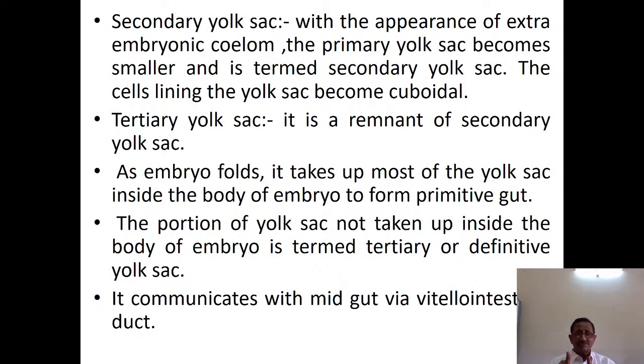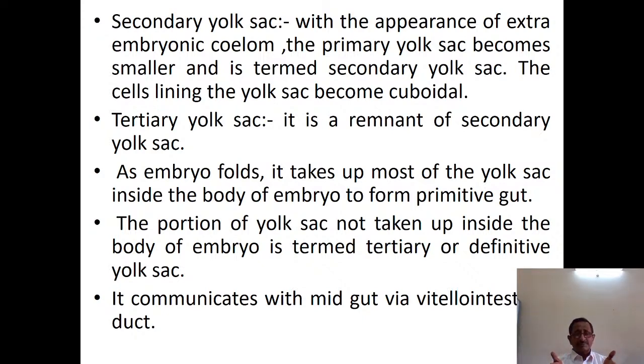As the embryo folds, it takes up most of the yolk sac inside the body of the embryo to form the primitive gut. The portion of the yolk sac not taken up inside the body of the embryo is termed the tertiary or definitive yolk sac. It communicates with the midgut via the vitello-intestinal tract.